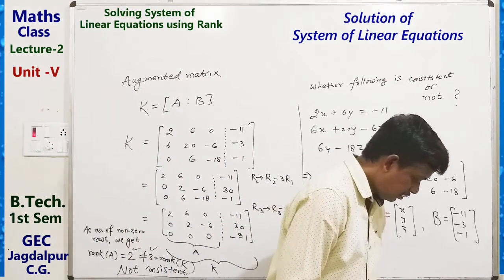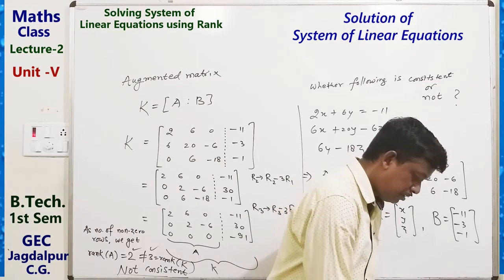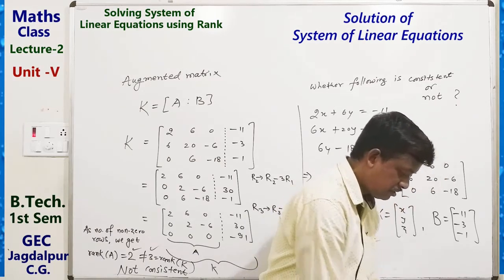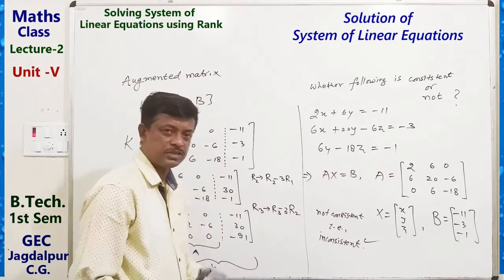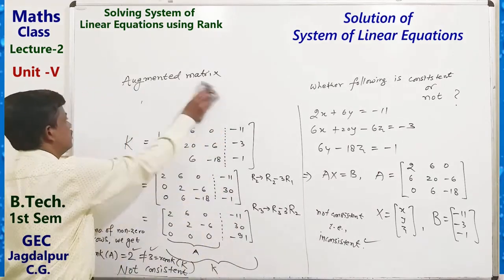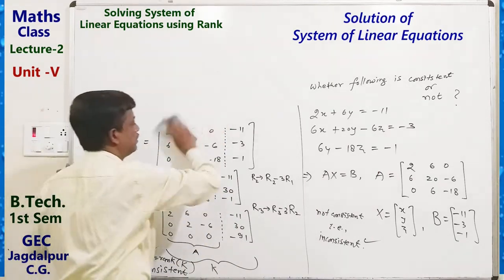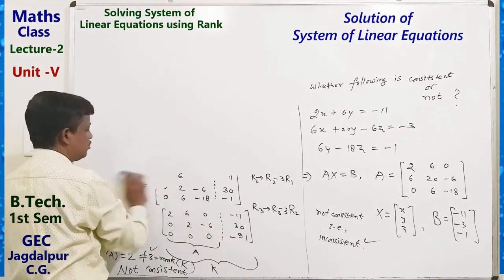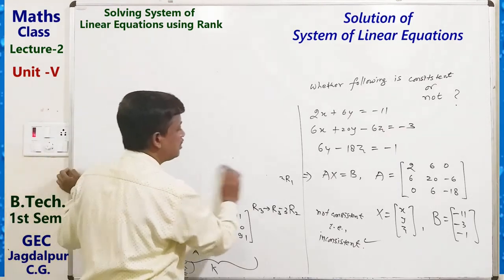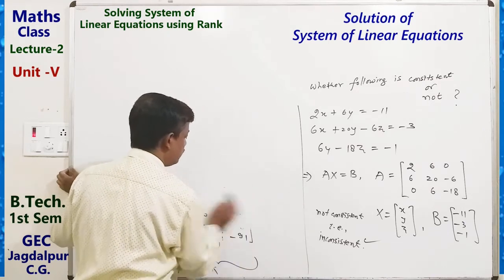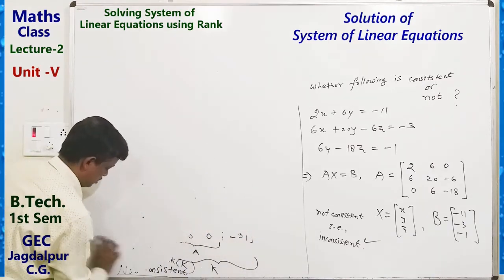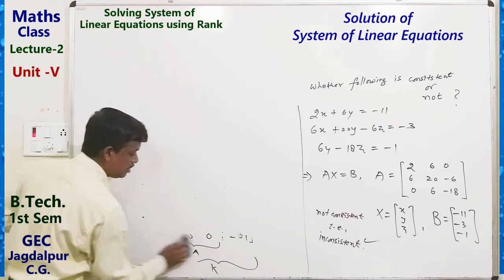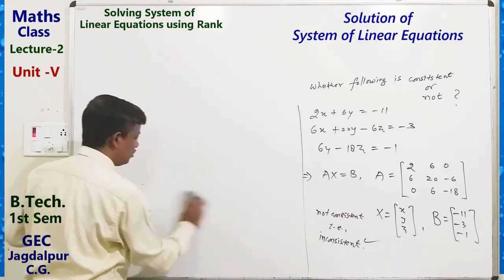Similarly, now we will take questions one by one for solving systems of equations. Consider the questions where the number of equations is greater than the number of unknowns. There are 3 unknowns and 4 equations.